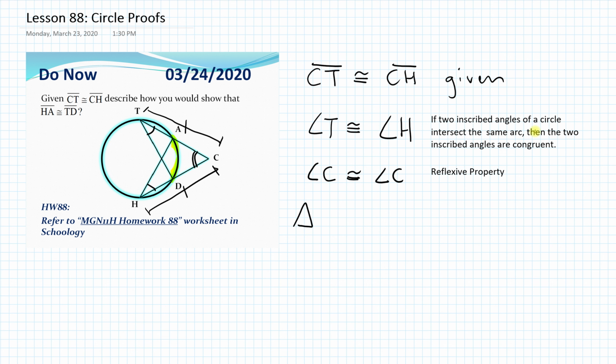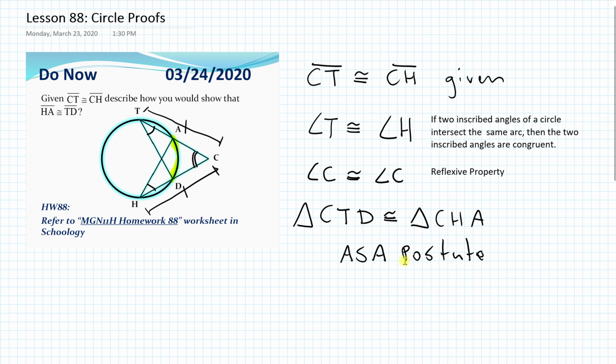So now we can say that triangle CTD is congruent to triangle CHA in that same order. Okay, so the reason for that is the ASA postulate. Okay, so that's great because now we have proven both triangles congruent.